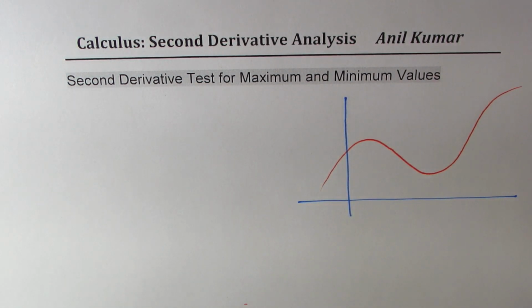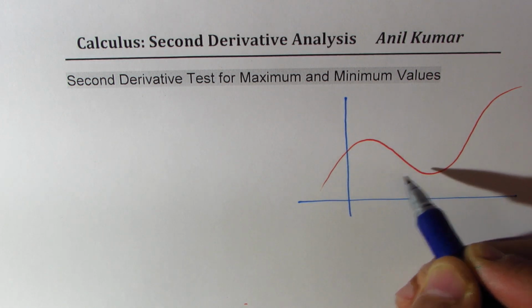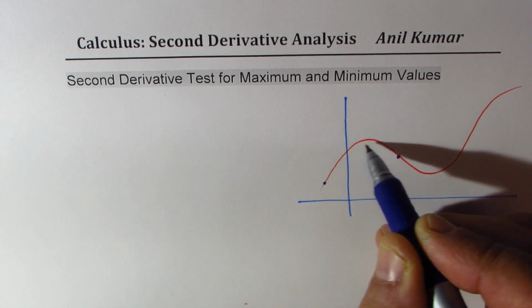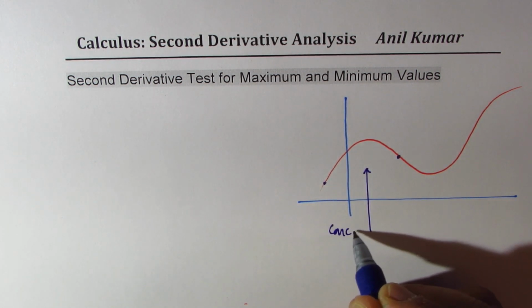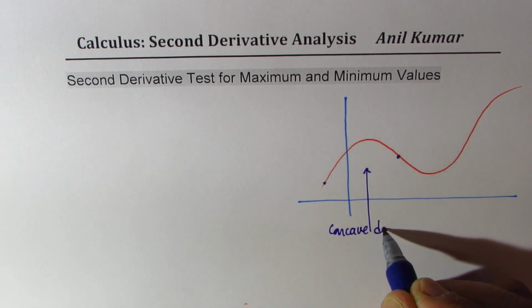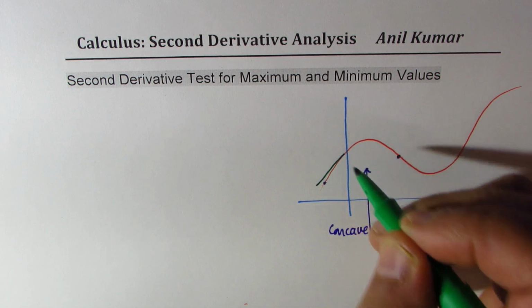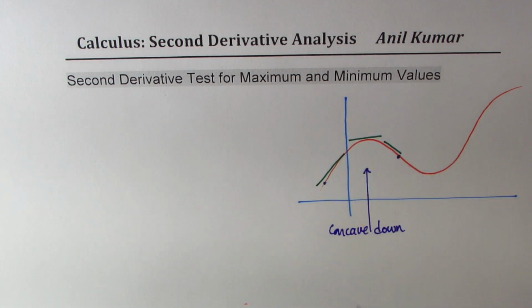So, now in this particular case, what do you notice? You notice that there is a portion which is concave down. So, we can say from here to here, the portion is concave down, right? In this portion, if I draw any tangent line, then the graph is below the tangent line.